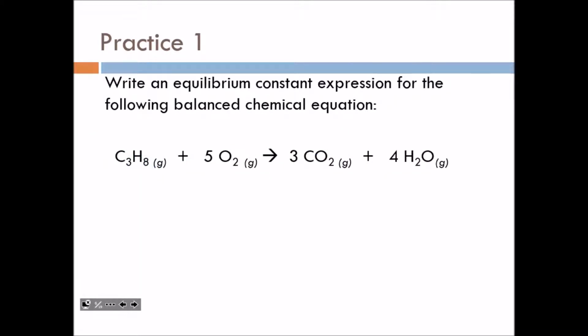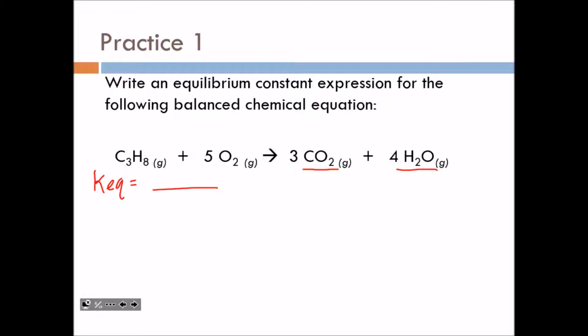So let me show you how to do this one. You are still going to follow what we just did. Take your products, okay? You're going to put those in the numerator on top. Our first product is CO2. I'm going to use a different color.